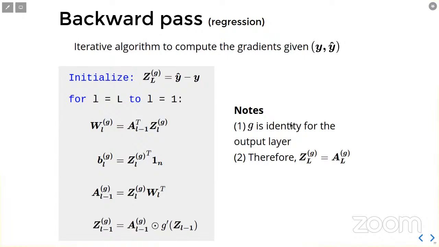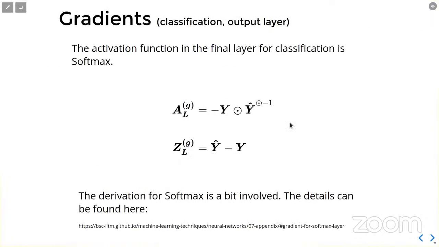Can you go to the previous slide? So here, this AL of G equals minus Y element-wise multiplication of Y hat. This one, where are we doing this? This is still gradients, right? We are still computing the gradients of the loss with respect to the output layer, the output activations.